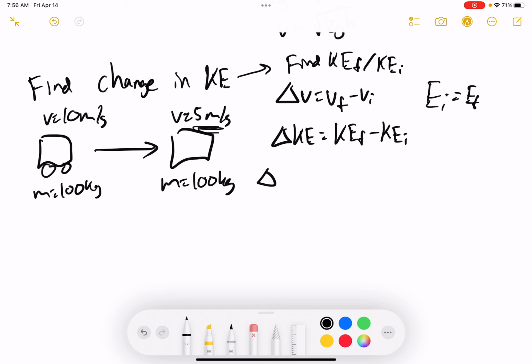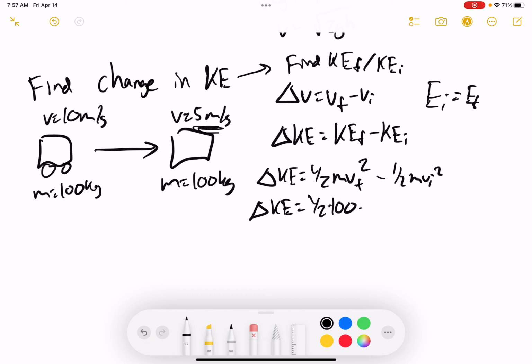So I have delta KE equals 1/2 mvf squared minus 1/2 mvi squared. So delta KE equals 1/2 times 100 times 5 squared minus 1/2 times 100 times 10 squared.